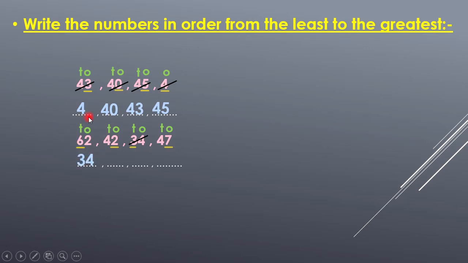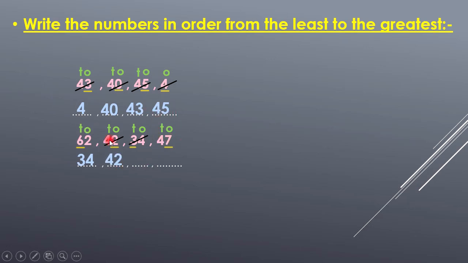Now I have 62, 42, and 47. We should look to 42 and 47. We look to the ones digit. Which one is the smallest? Yes, 42 is the smallest. So I cross 42 and put 42 here.